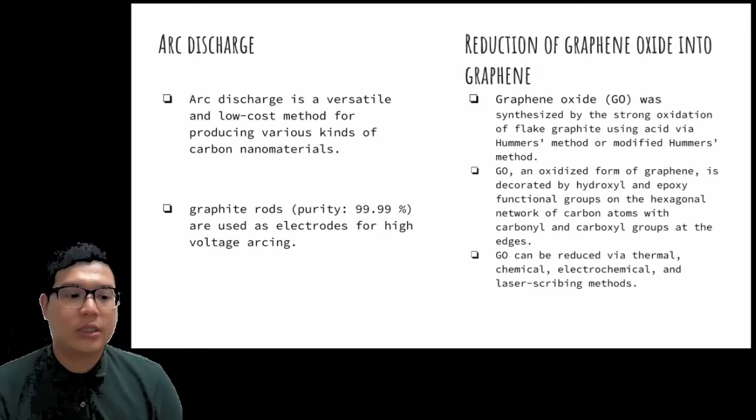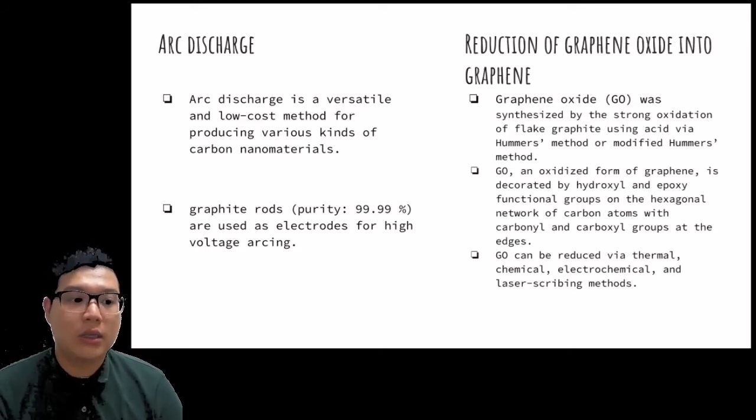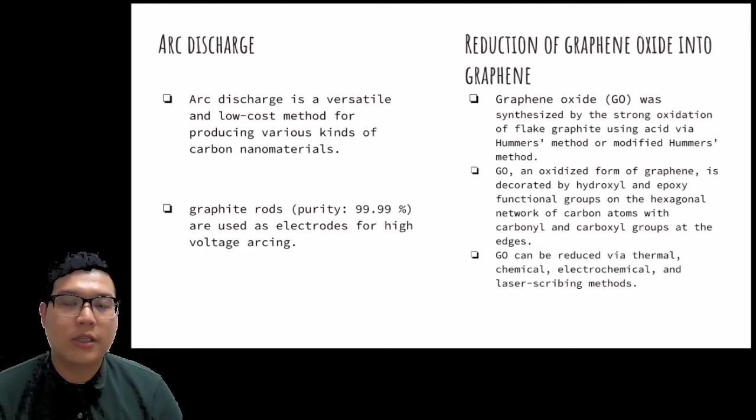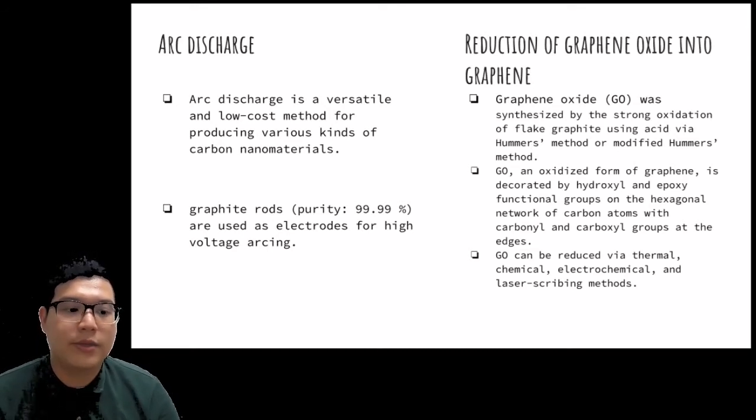Arc discharge. Arc discharge is a versatile and low-cost method for producing various kinds of carbon nanomaterials. Compared to other methods, the graphene sheets synthesized by arc discharge have merits of good dispersibility in organic solvent, few defects, and high thermal stability.